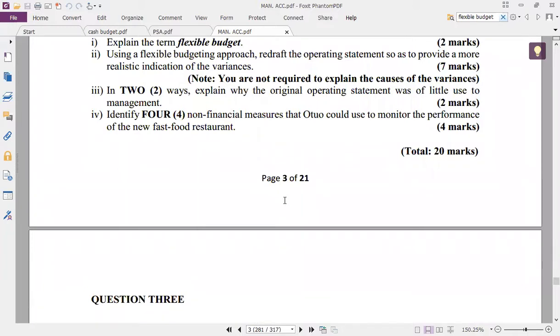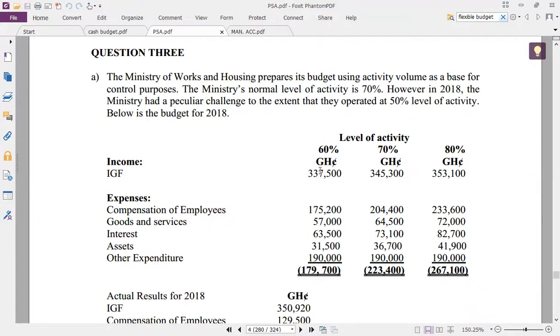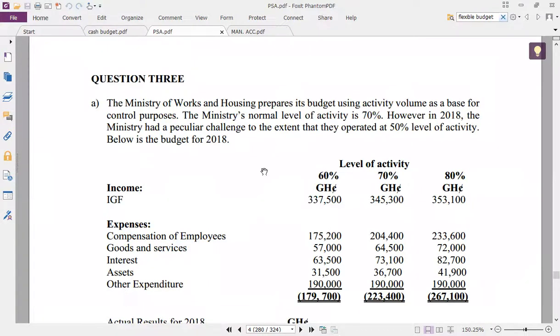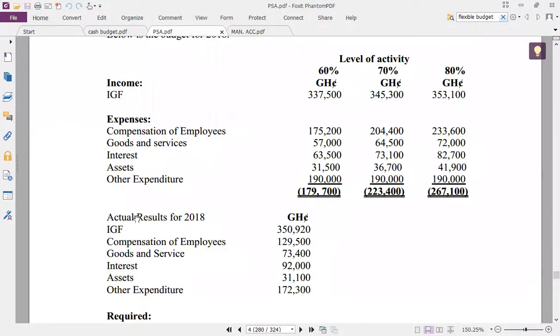Okay, so from here, I'll go to the public sector accounting question and then I'll come to the last question, then we are done for the day. Right. This is 2019 May, question 3. You see that you have 6% level of activity, 80%, and these are actual results.